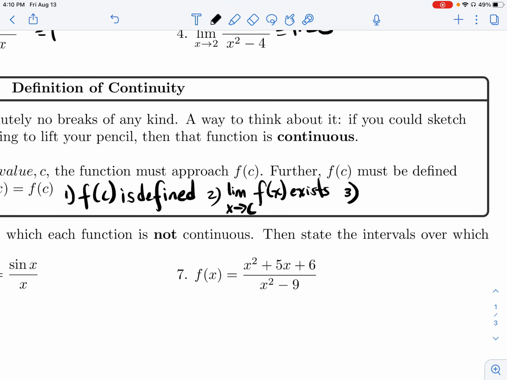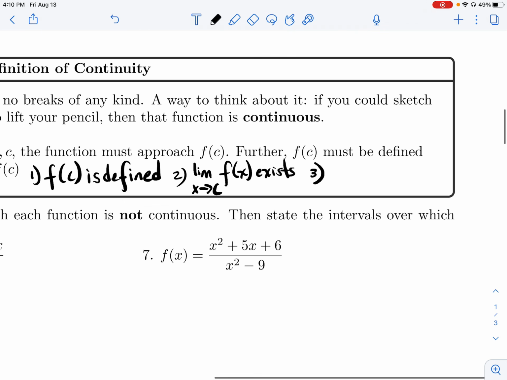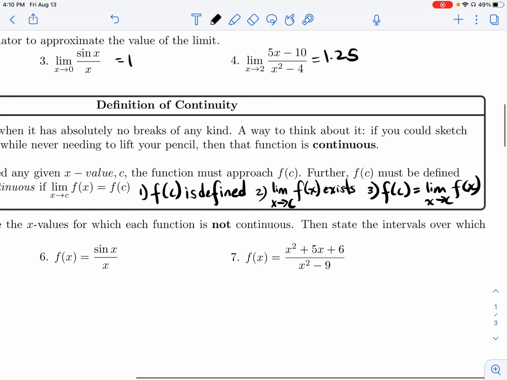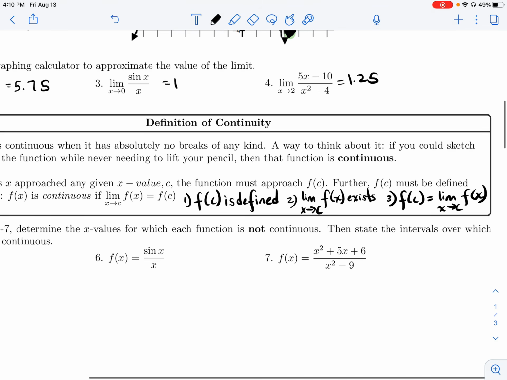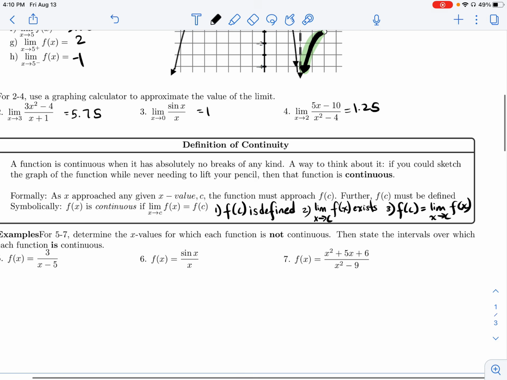And then finally, the third condition for continuity is that that limit must be equal to the defined value of the function at c. So, to recap, the function must be defined at c, the limit must exist at c, and on top of that, those two values must be equal to one another. If any one of these conditions is not met, then we would say that the function is not continuous at that value c.